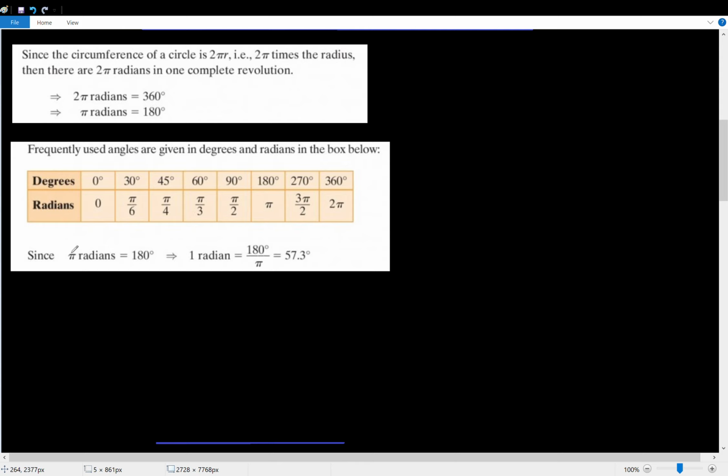Since pi radians is 180 degrees, that means that 1 radian is equal to 180 degrees divided by pi. And that would give us 57.3 degrees. Now for converting to or from radians, there's a fairly straightforward calculation method for doing these.